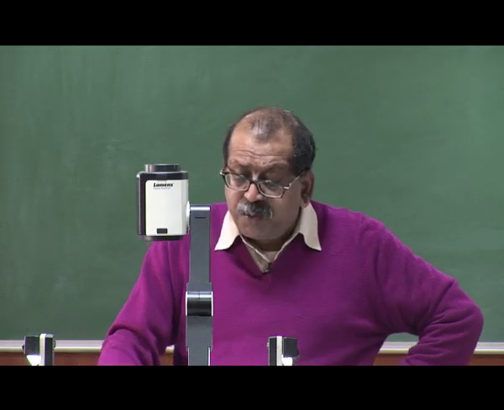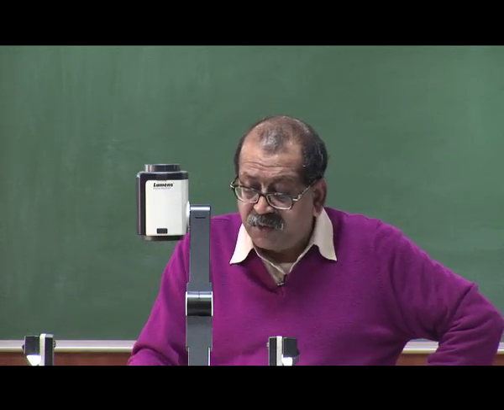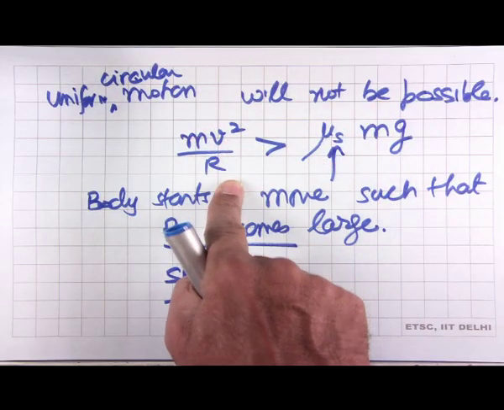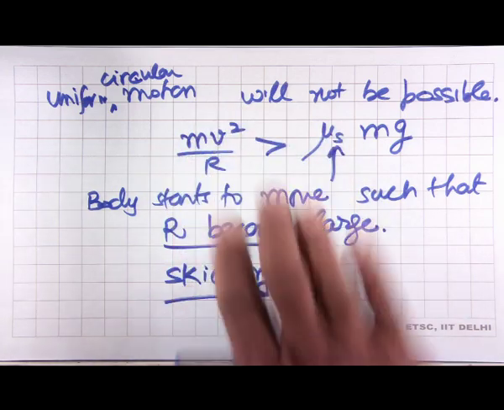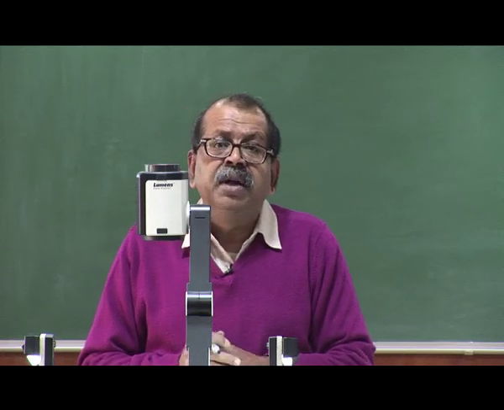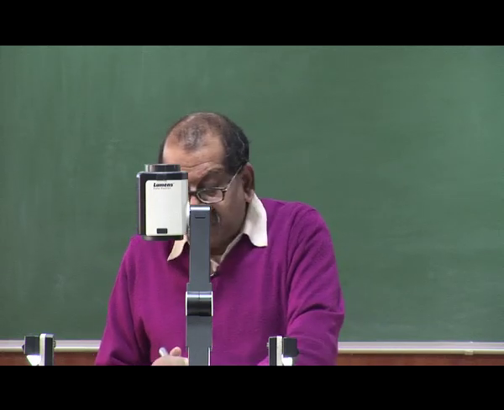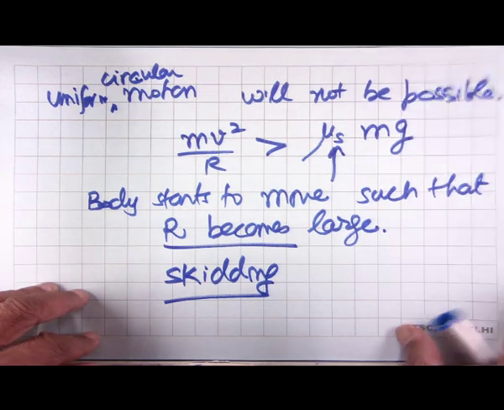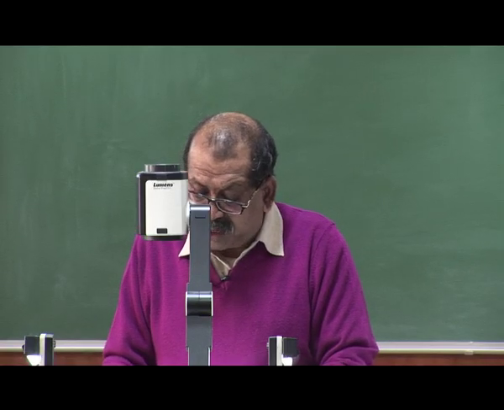To prevent skidding, the driver should reduce V or increase R. If the road has a fixed curve, then R cannot be changed, so the only way to prevent skidding is to reduce V, and it is very effective because it goes like V square upon R. So, when you drive, this can be done to reduce skidding.